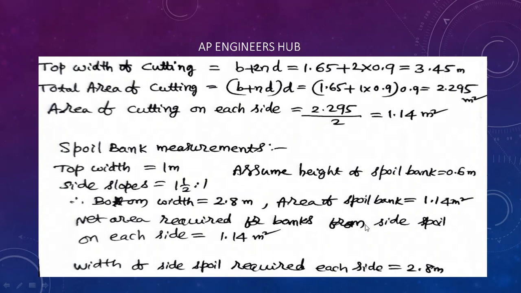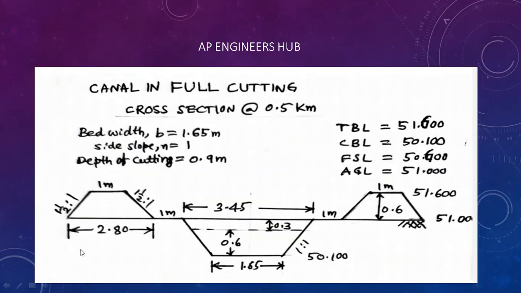Net area required for banks from side spoil on each side is equal to 1.14 square meters. Width of side spoil required each side is equal to 2.8 meters. That is 2.8 meters, both sides.